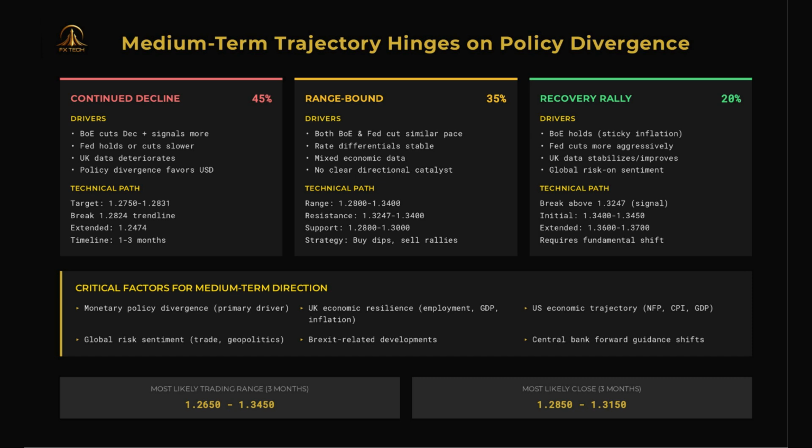Critical factors include monetary policy divergence, UK economic resilience, US economic trajectory, global risk sentiment, Brexit developments, and central bank forward guidance. Most likely 3-month range, 1.2650 to 1.3450.